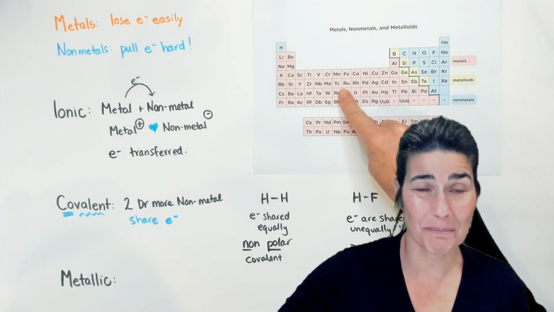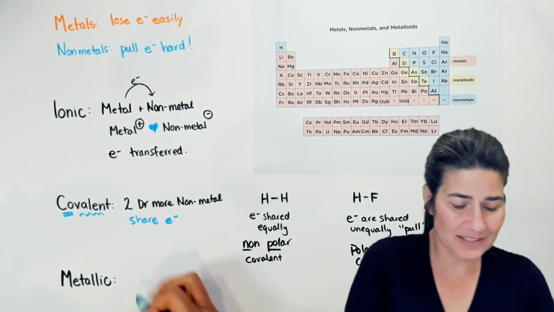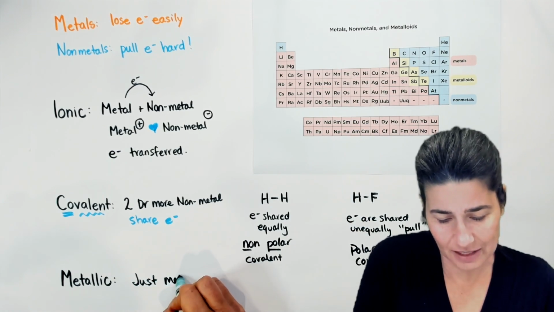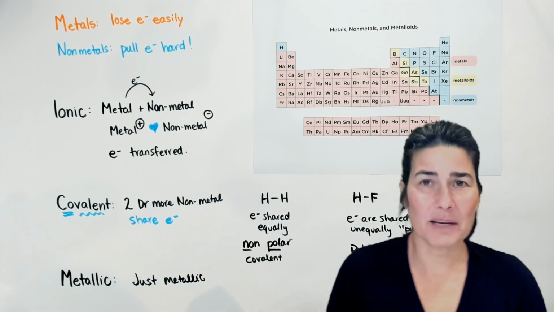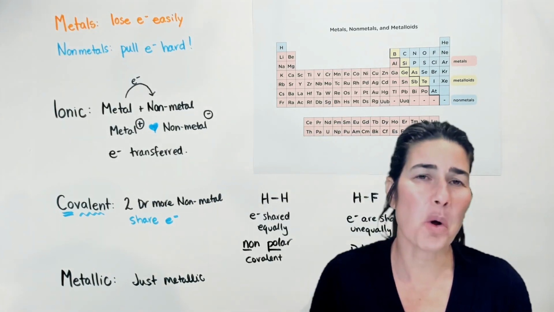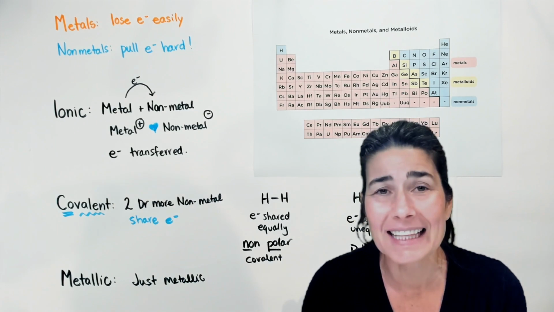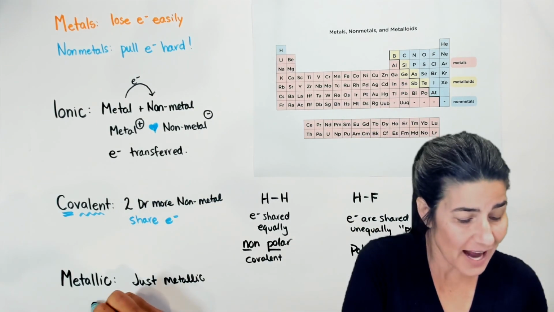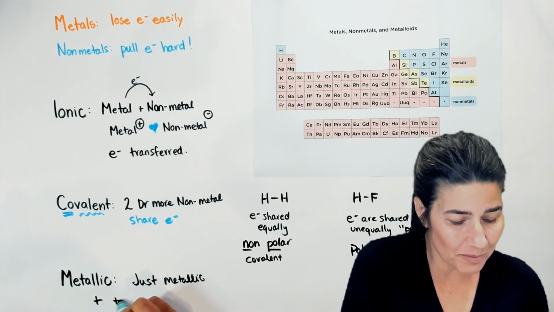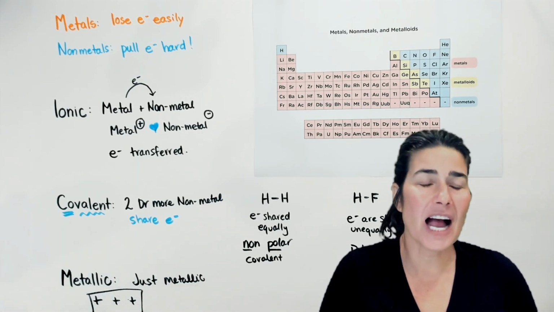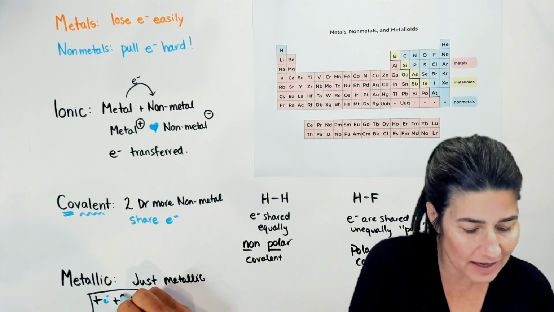What if it's just a metal? Well, if it's just a metal, we're going to go ahead and call that metallic bonding. And in metallic bonding, none of these atoms hold those valence electrons very tightly. Those valence electrons are actually free to roam throughout the metal structure. And sometimes they'll describe this as a sea of electrons.